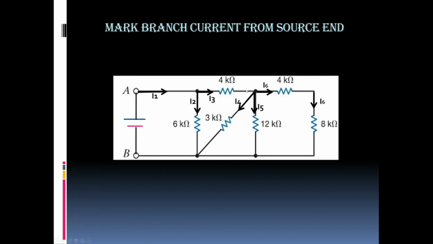Then I3 flows through the 4 kilo ohm resistor, and when it reaches here, it splits into 3, I4, I5, and I6. And then the I6 current flows through the 4 kilo ohm resistance and then to the 8 kilo ohm resistor. Now we have marked the current in all the branches from the source.